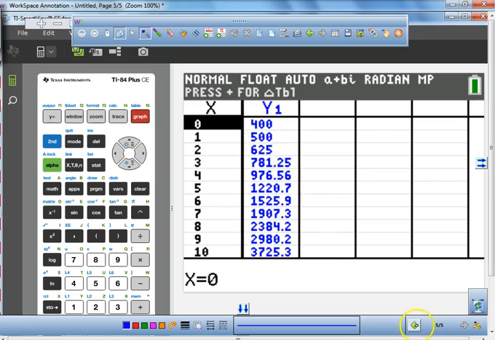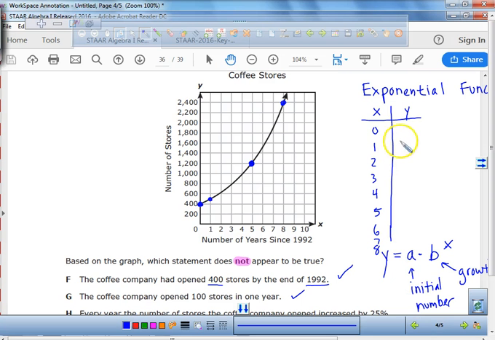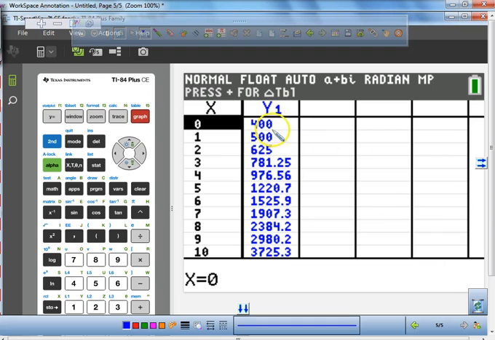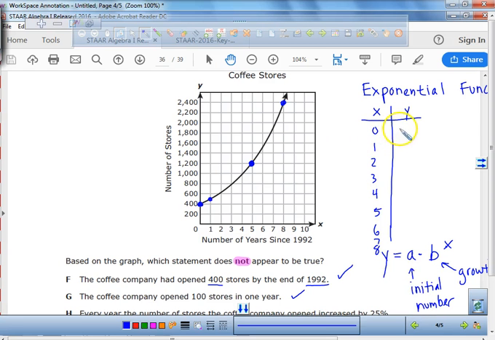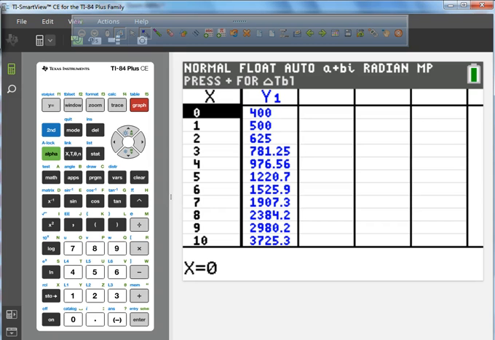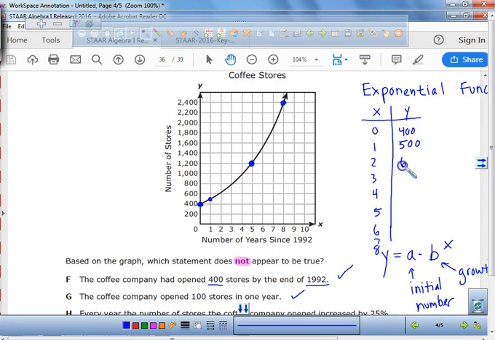Okay? So right now, what I want to do is check. You guys have that? Help me out. Write down what we have. We have 0, 400. Then look at your table. We have 1, 500. So that went up by 100 that year. What's 2? 600? No, it's 625. Anybody else have that table in their calculator?